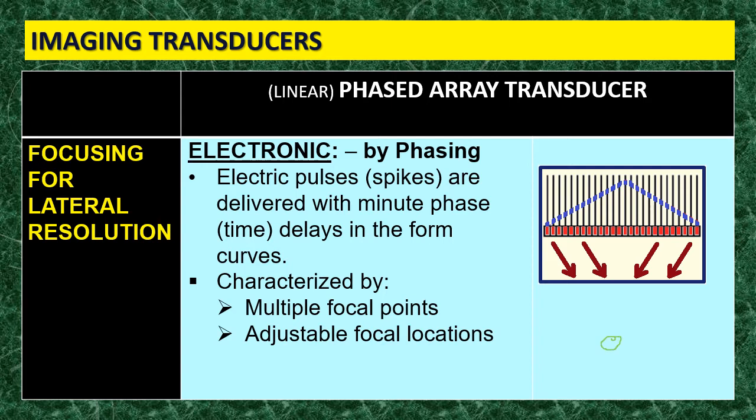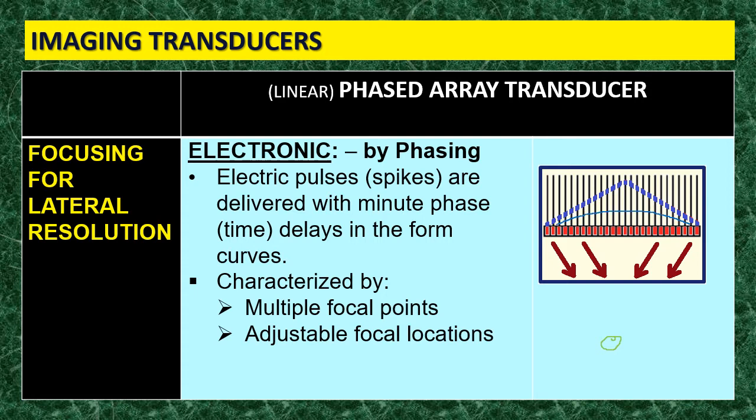Okay. How about if I take another arrangement, for example, this one. So I'm having here a different pattern of electric pulses, and I will get it like this. So a shallow curve. What happened?